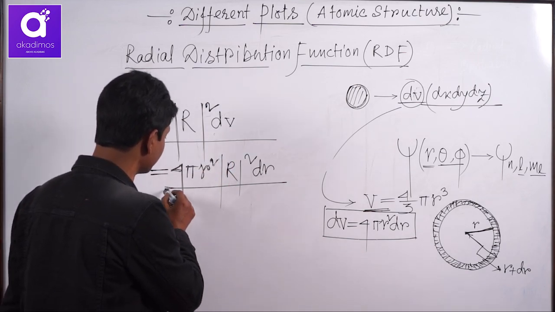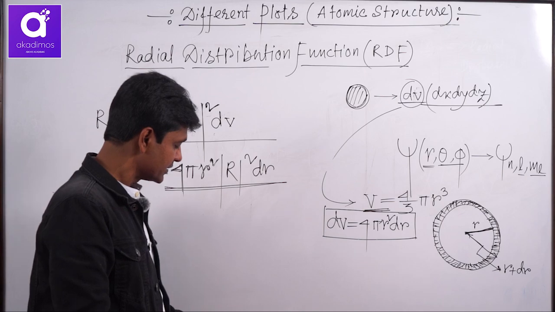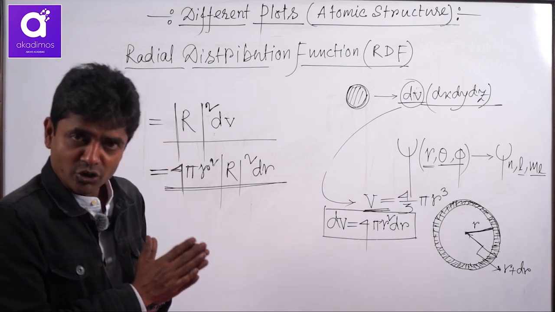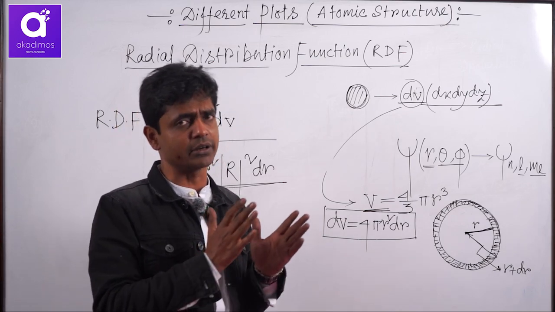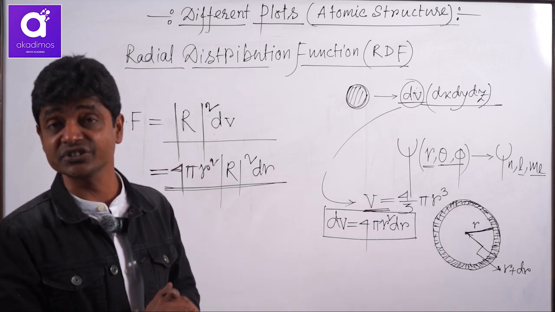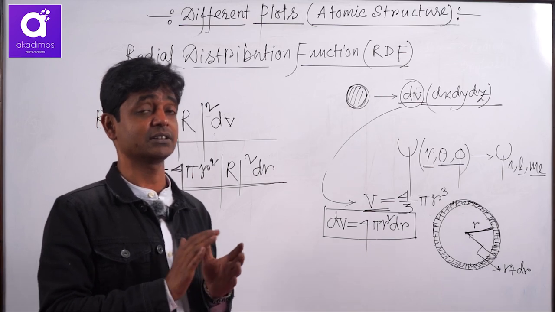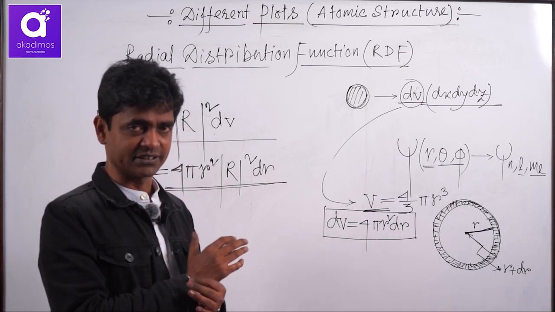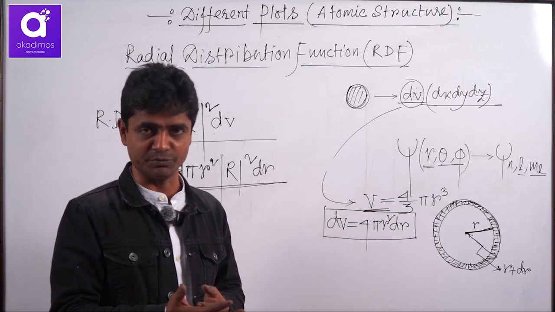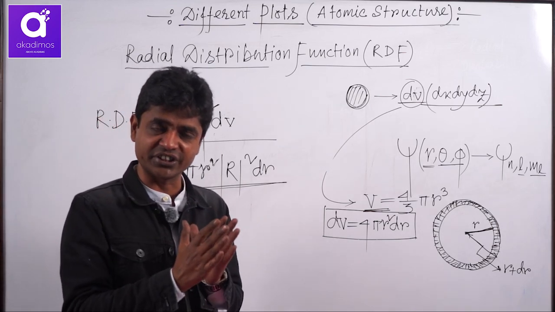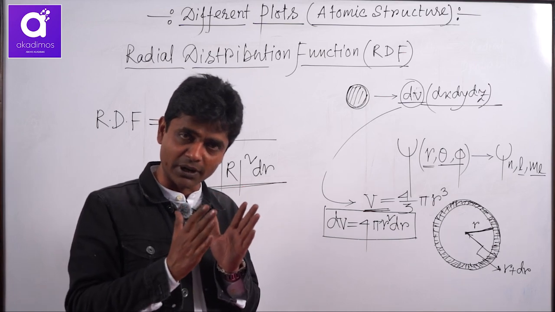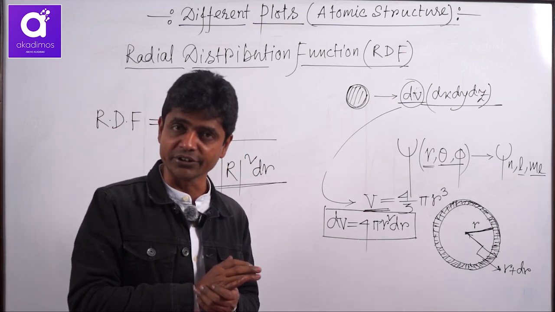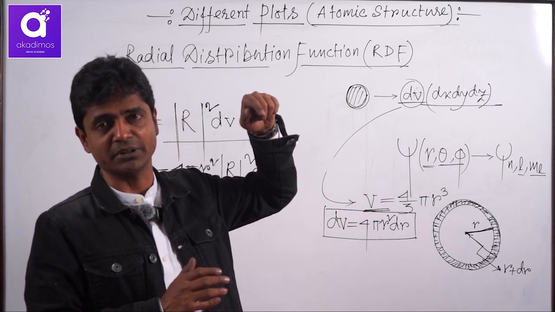One thing to remember: when we plotted radial wave function versus radius or radial probability versus radius for different subshells or orbitals, there you got S at the origin as maximum.